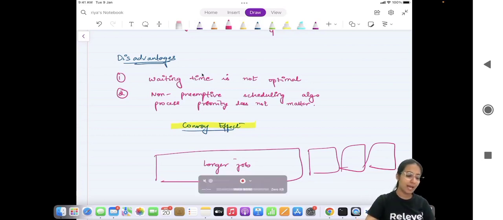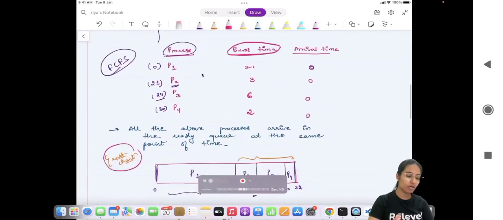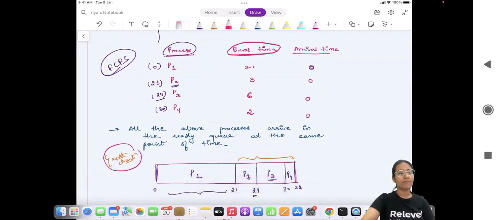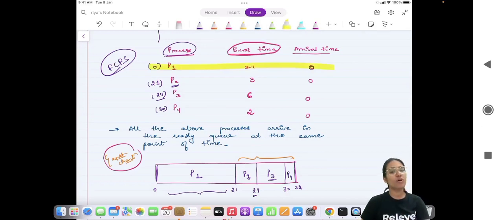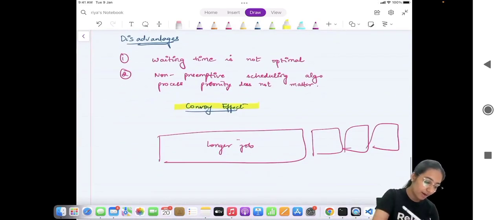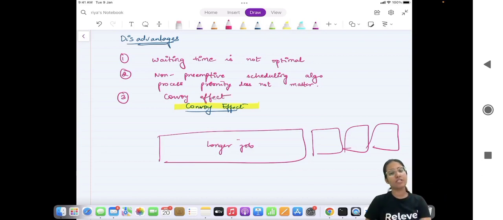A very good example of that is what we saw on top over here, where the waiting time because of this very big convoy made the overall execution for the other processes considerably slow. So that is another disadvantage of using the first come first serve scheduling algorithm.